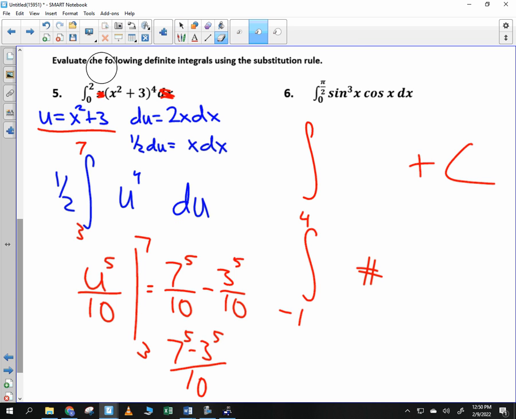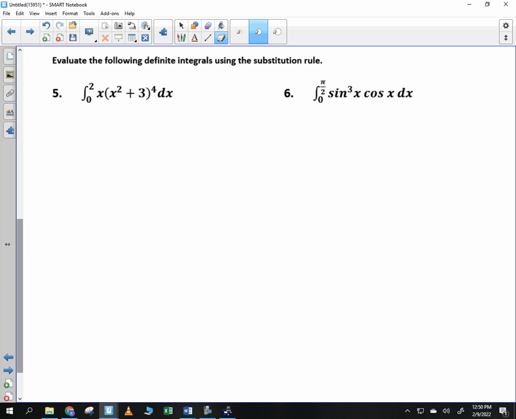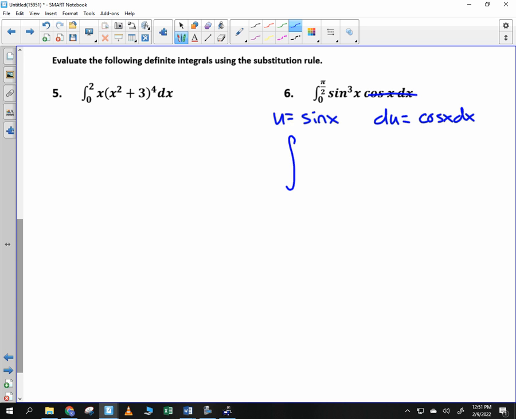That's all there is. Let's do example 6 and we'll call her good. Anybody, what should u be in this scenario? Sine of x, and so du is? Yeah, cosine of x dx. That's pretty handy, isn't it? If you encounter that problem on the AP exam, it's like Christmas. So I've got a straight up substitution here of just integral du. And what's left over? U to the third. Now, I'm going to continue to work with the variable u, so I'm not going to bound it from 0 to pi over 2.